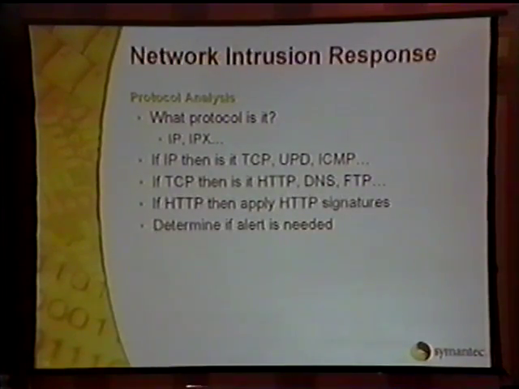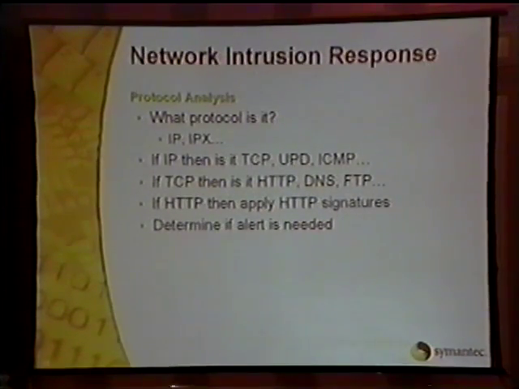If it's IP, then we look and see if it's TCP, UDP, and so forth. We find out that it's a TCP packet, and then we determine where it is destined. Is it HTTP? Is it DNS? Is it FTP? What is it?